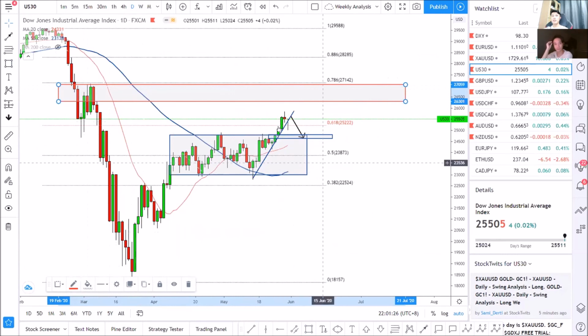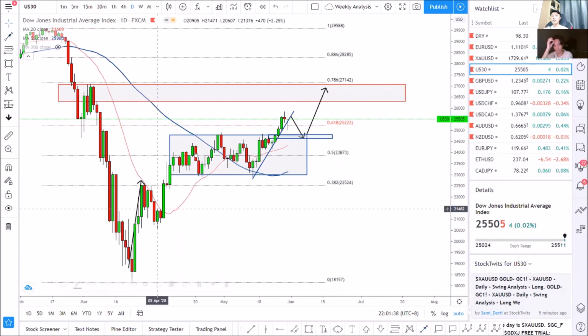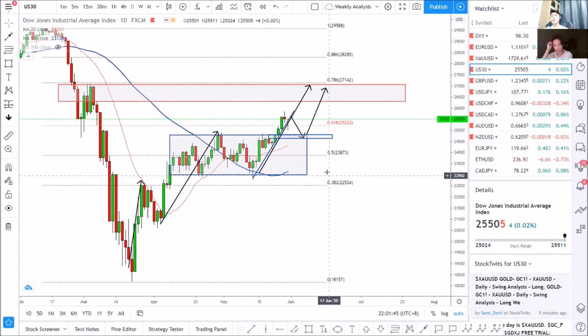So if you go intraday buy for the Dow Jones, this will be the final level that we can look for, and that would complete 3 waves. In fact, this is the first, the second, and then the last wave going up. So that's how I look at the Dow Jones for this week.